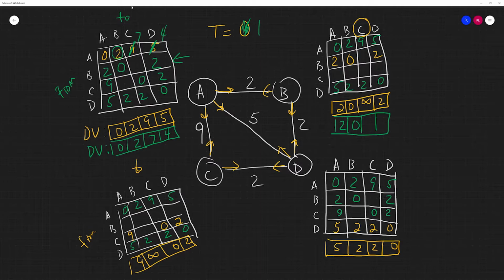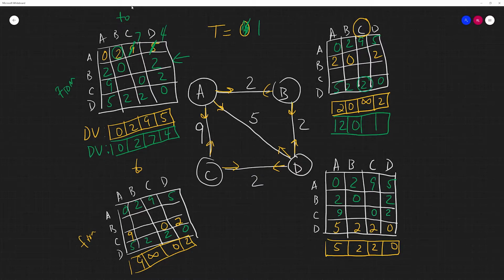Okay, so let's look at the first one. This one says 9. And the cost to get to A is 2. So that's saying that I can go this way to get to C. And so that's 11. And maybe I'll put that here. But immediately it gets erased because, of course, 4 is much cheaper.